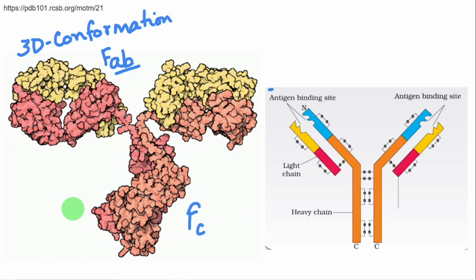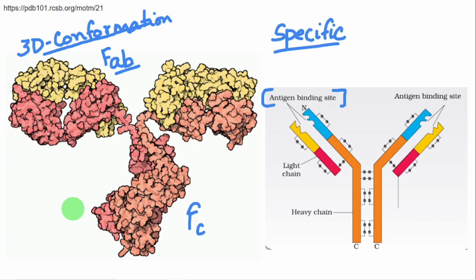So the question which they can frame from this diagram is, which chains are involved in forming the antigen binding site? So you will have to say both light chain and heavy chain, they together associate and form a three-dimensional conformation. So this is how the conformation will look like. Okay, they will associate and form a 3D structure that fits in very well with the antigen.